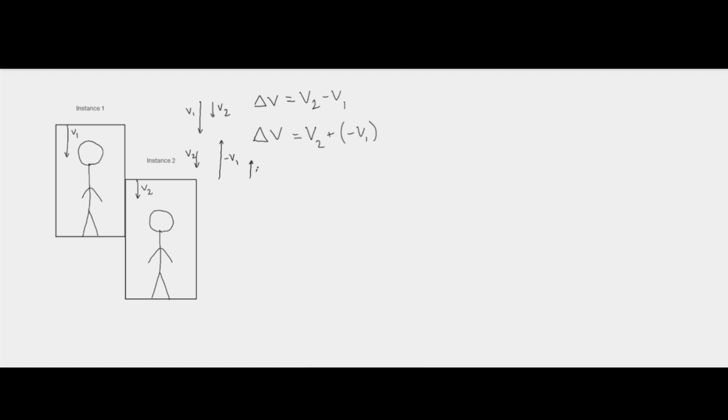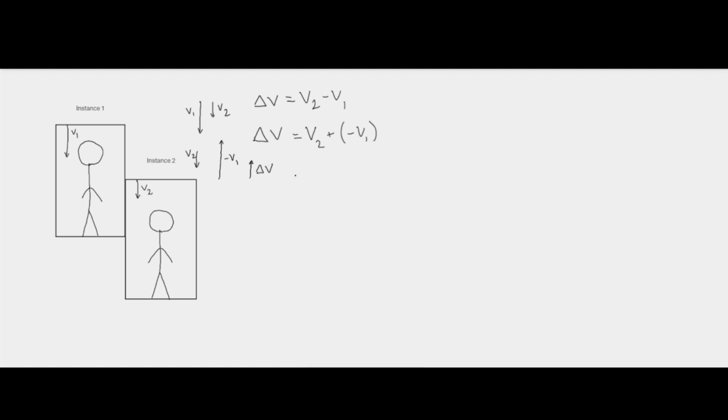So this will be delta v. Delta v is the combination of v2, which points down, and negative v1, which points up. So the ending vector, when I combine these two together, is going to be a smaller vector pointing up. I'm going to subtract this downward vector from this upward vector, and I have this little upward vector that's left over.